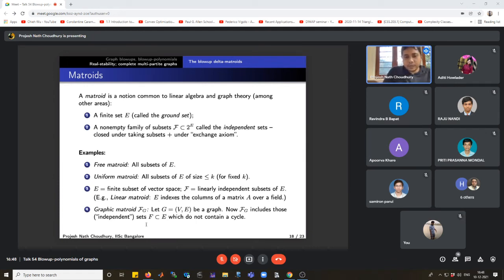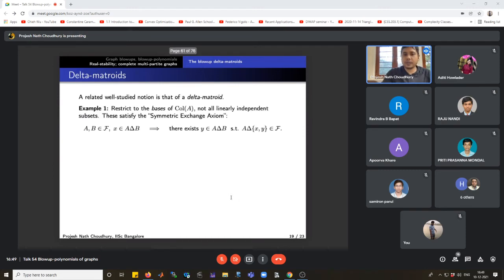But if you look closely at this third example, here the independent sets are the linearly independent subsets of the column space. Instead of this, if we define the independent sets as the bases of the column space, then it will satisfy another interesting property, called the symmetric exchange axiom. The definition is: suppose two sets A and B are in F and X lies in their symmetric difference.